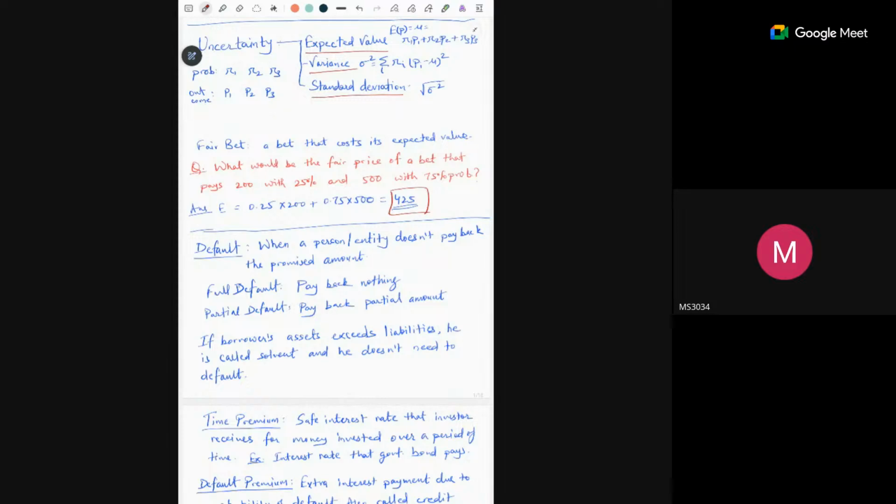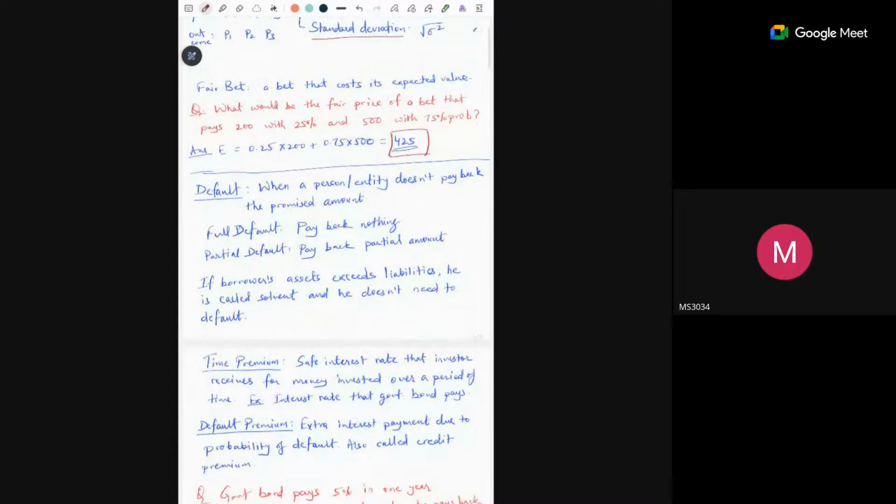Now, where does this uncertainty come from? That is the question. It comes when something which is bound to happen does not happen. For example, if you lend some amount to one of your friends, and later on he denies paying you, that means he has defaulted. There may be two types of default. One is full default.